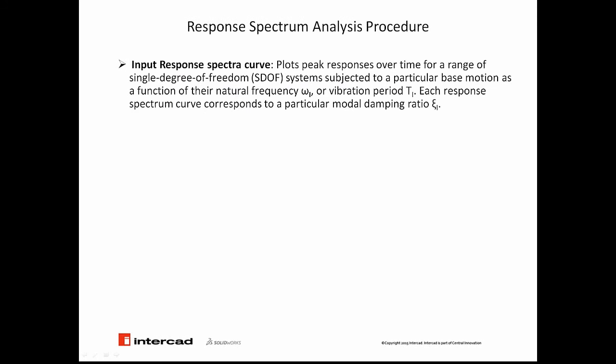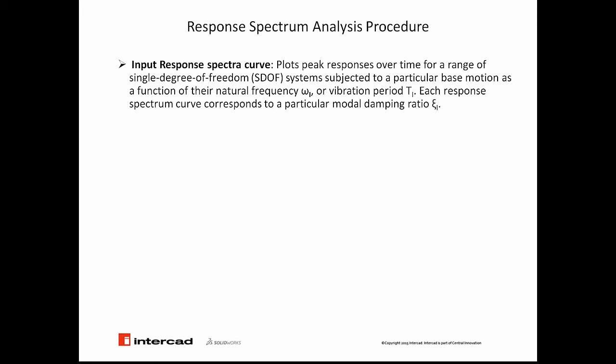All right, now let's look at the procedure. What we need in any response spectrum analysis as input is a response spectrum curve. Such a curve is the peak response of the structure for a range of base excitation or time-varying load.